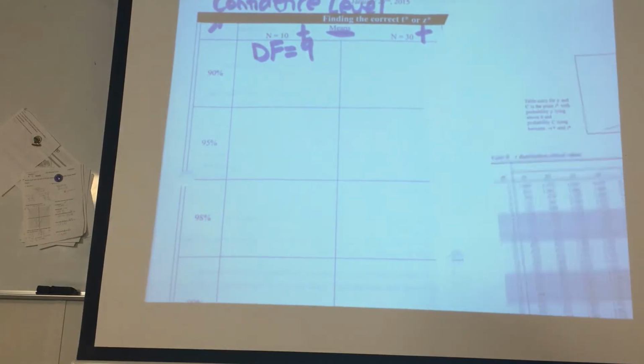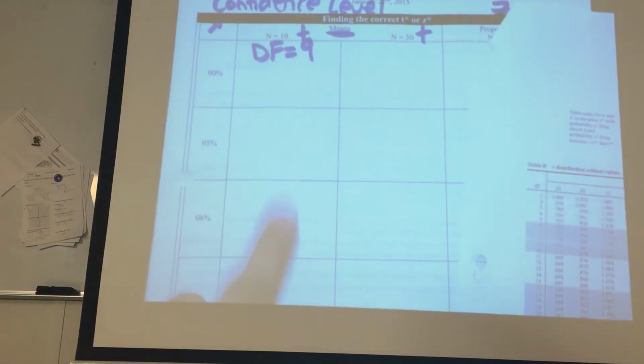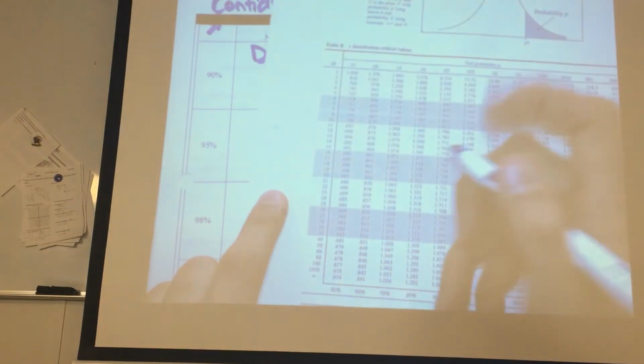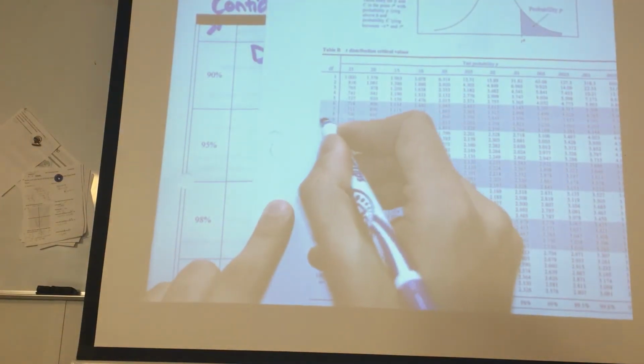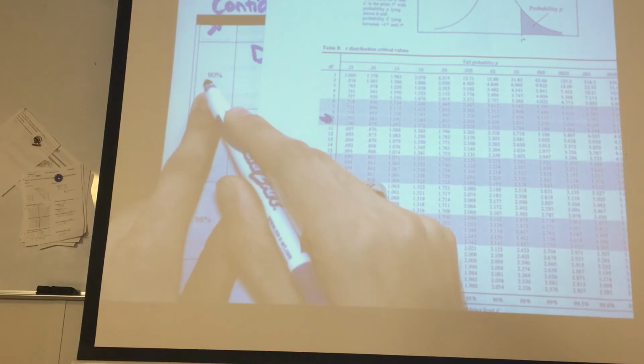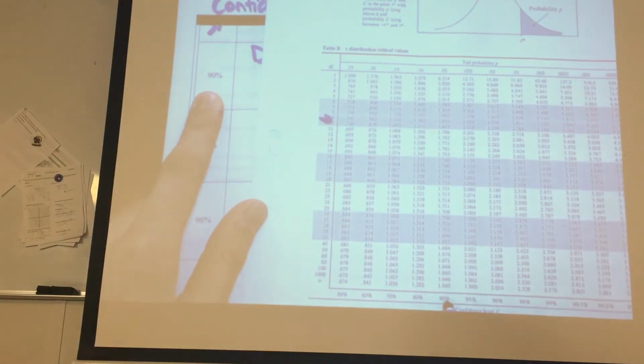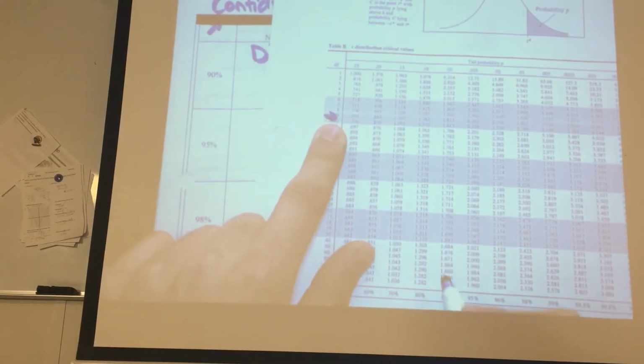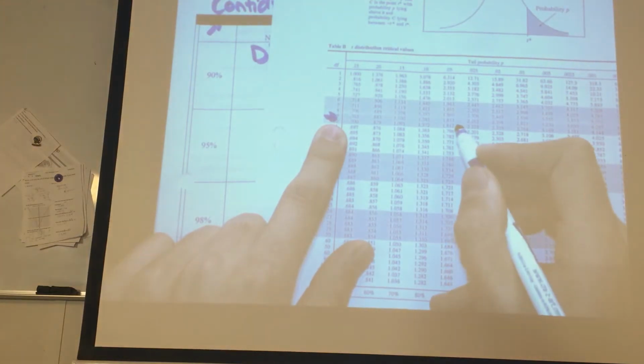So all you do to get the t star is you come over here. Let's look at 9. Here's 9. And which confidence interval? This is 90%. Let's go to the bottom. Here's 90%. Number 9, I get 1.833.